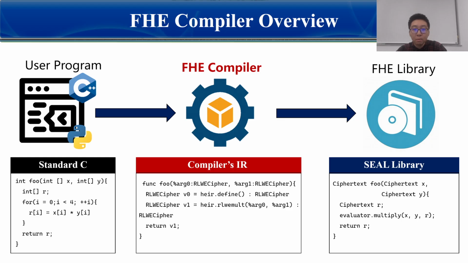Finally, the program is bound with proper security parameters and translated into APIs defined in FHE libraries. In summary, automating homomorphic computation through an FHE compiler is essential to make FHEs accessible and usable for non-experts.